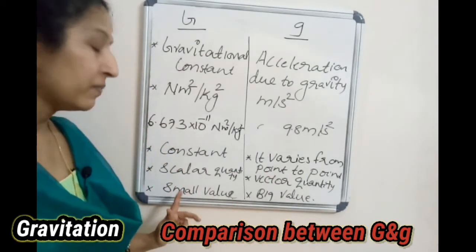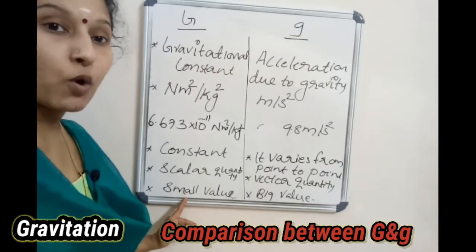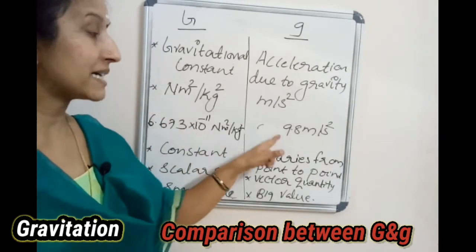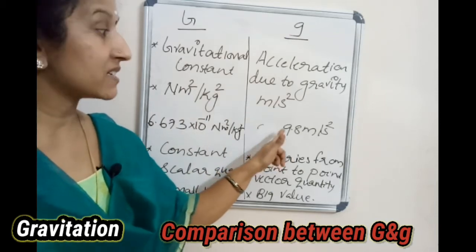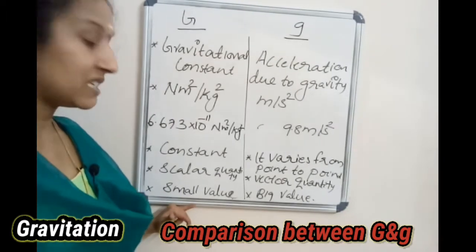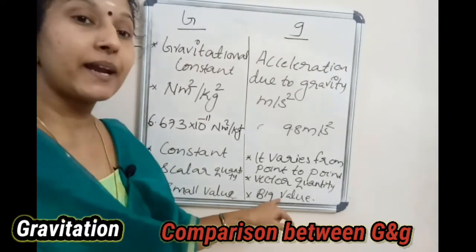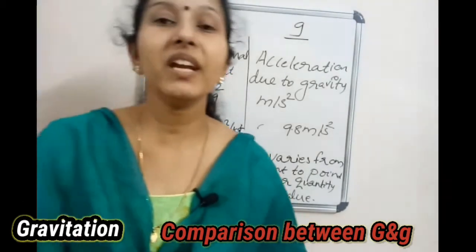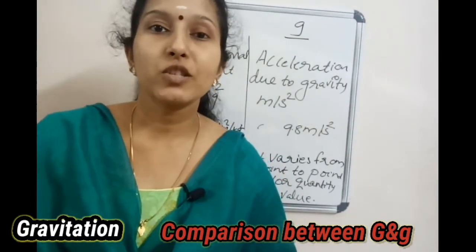And the last one, capital G is a small value like 6.673 into 10 raised to minus 11, but small g is 9.8, so it's a big value, right? So these are the differences between capital G and small g.